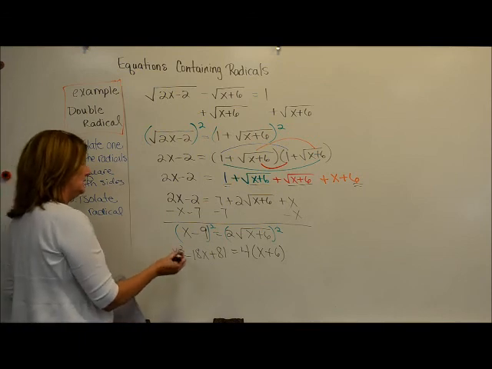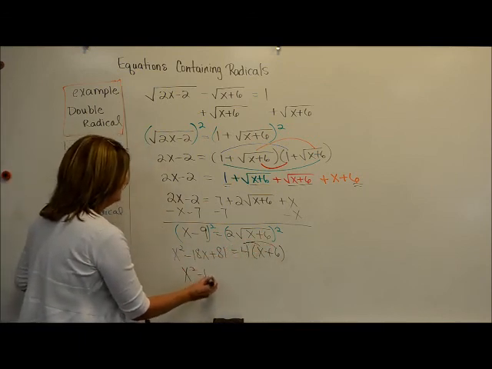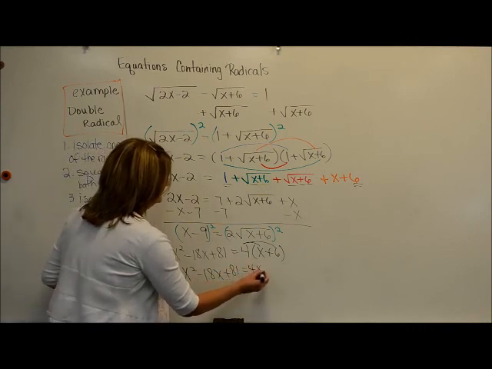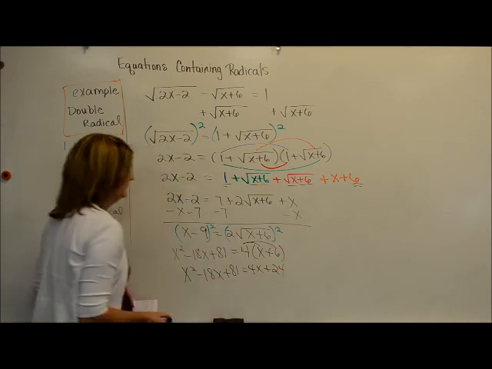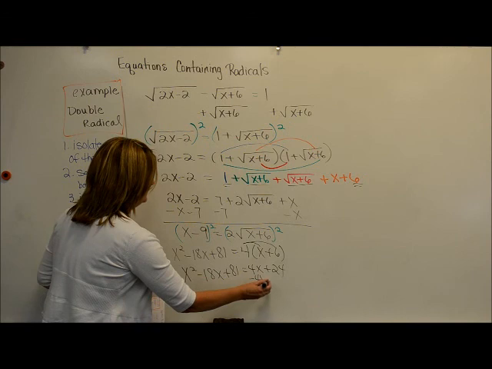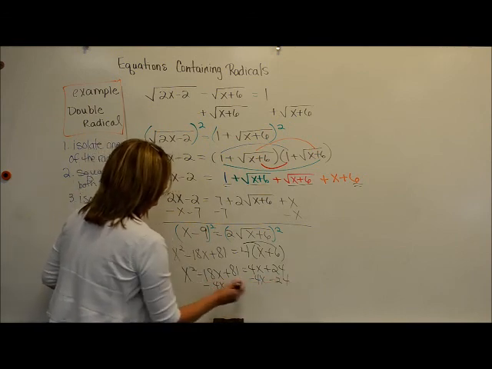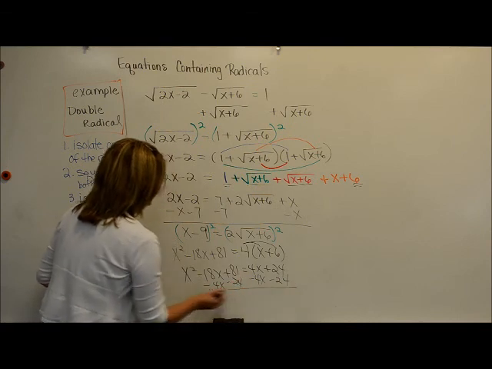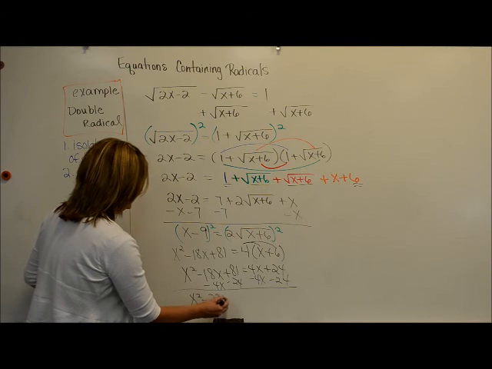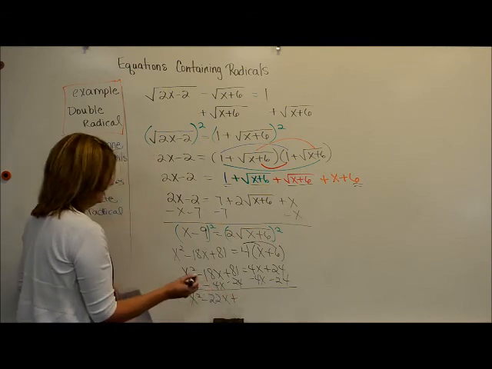So what I need to do here then is distribute. These problems are kind of long. So x squared minus 18x plus 81 equals 4x plus 24. And I'm going to subtract 4x from both sides. I'm going to subtract 24 from both sides. And way down here, I get x squared minus 22x plus 57. Is that right?